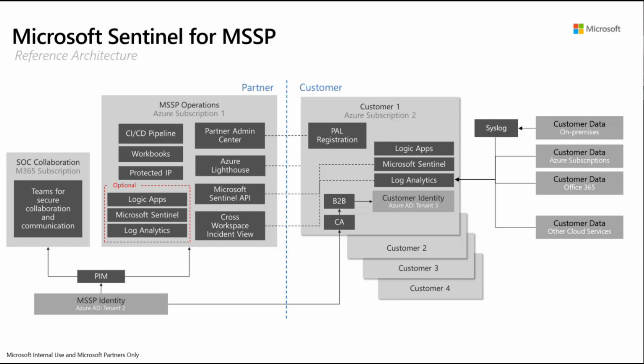It could be a SOC analyst, a manager, level 1, 2, 3, however you divide that. Whatever you give permissions to is what they're going to have access to. And if the customer logs in to their own workspace, they're only going to see what they have access to, which is theirs.